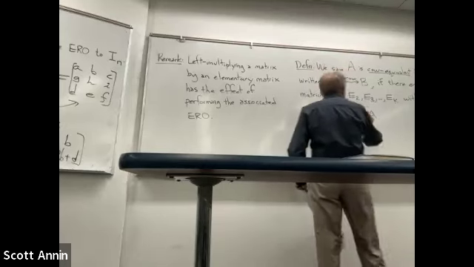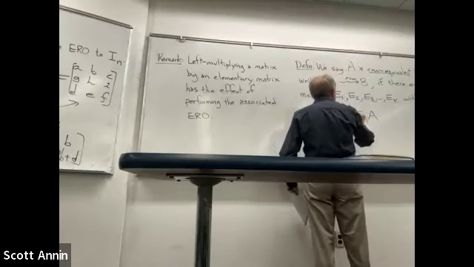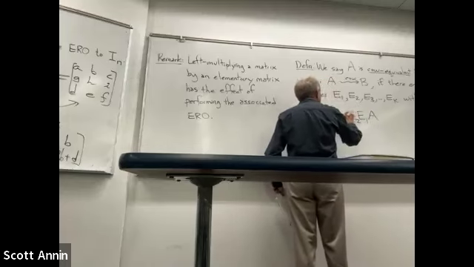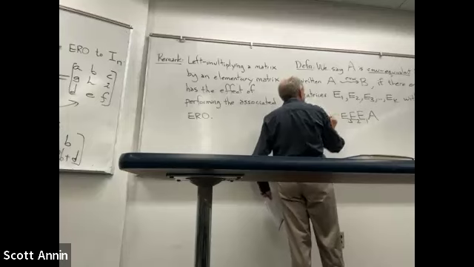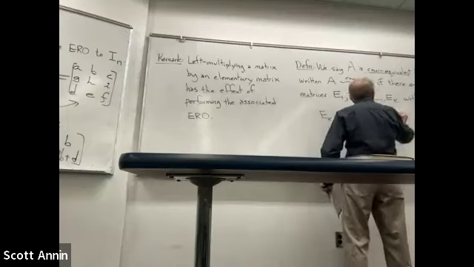Starting from A, I left multiply it by E1, and then I left multiply that by E2, and so on until I get all the way to E sub K, and then it equals B.